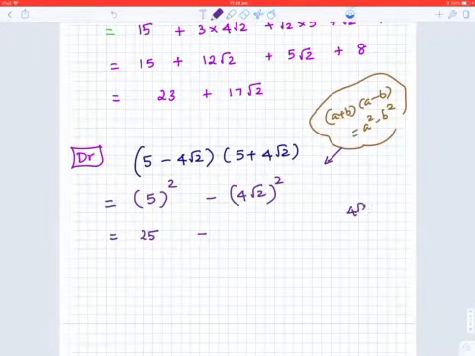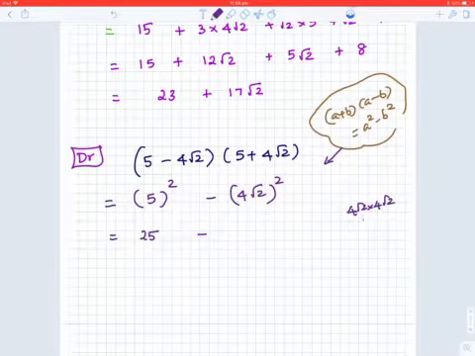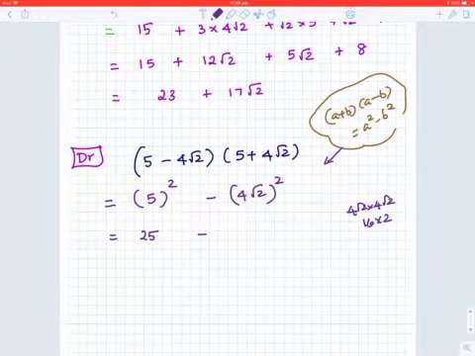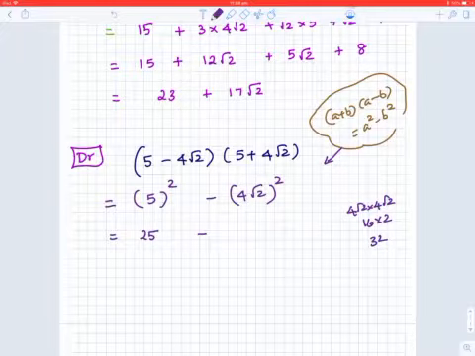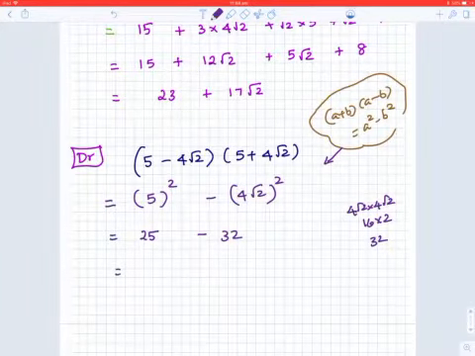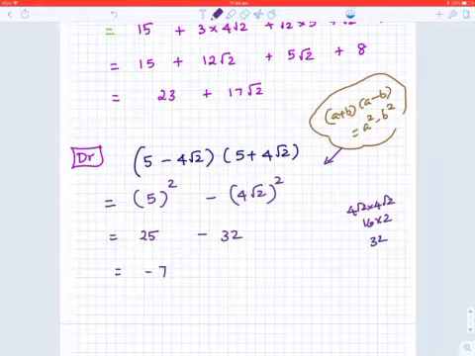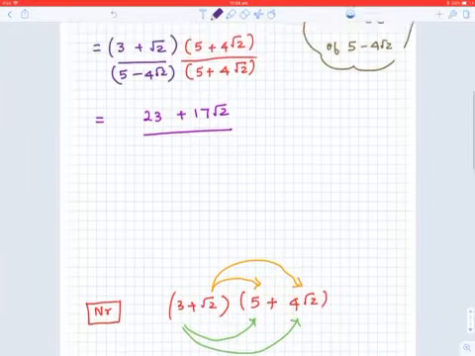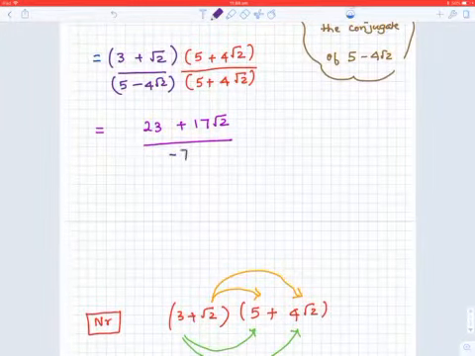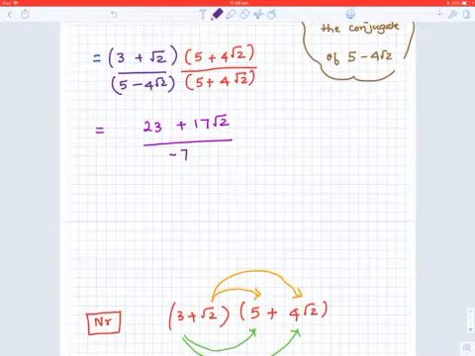Now 5 square is 25 minus 4 root 2 square, which is 4 root 2 times 4 root 2, that would be 16 times 2, which is 32. So 25 minus 32 simplifies to negative 7. Okay, so the denominator simplifies to negative 7.